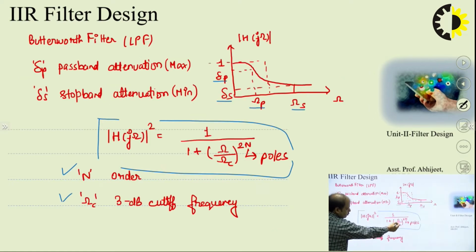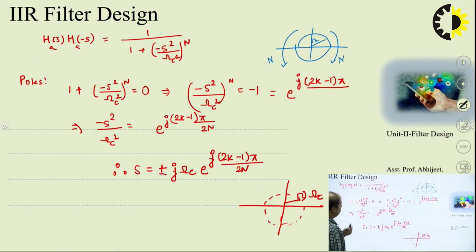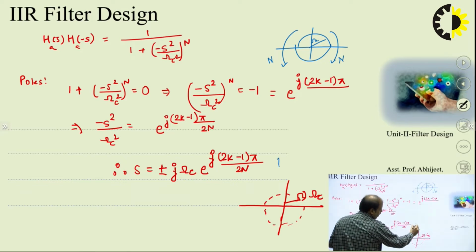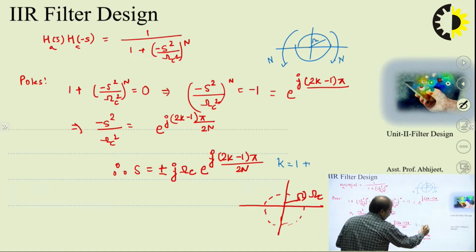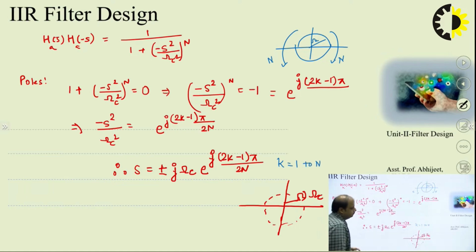We just replace omega by S by j. So we will get this, and therefore the pole can be directly defined as S equal to plus minus j omega c e raised to the power j (2k minus 1) pi by 2n, where k is between 1 to n. So using this we can evaluate the poles.